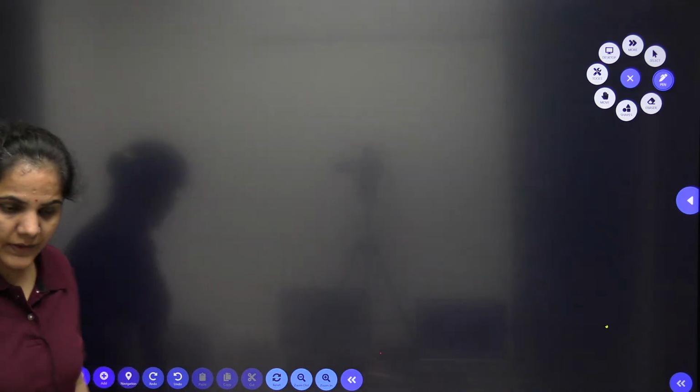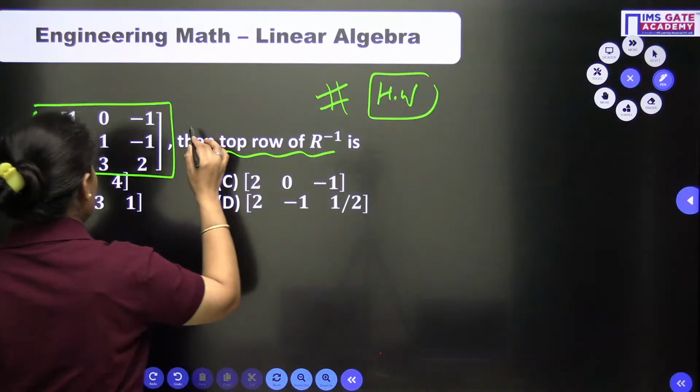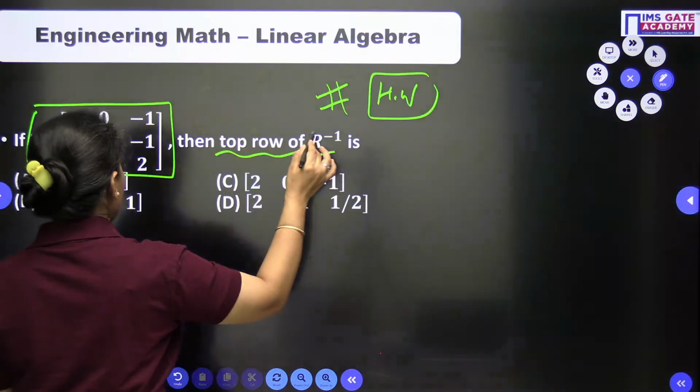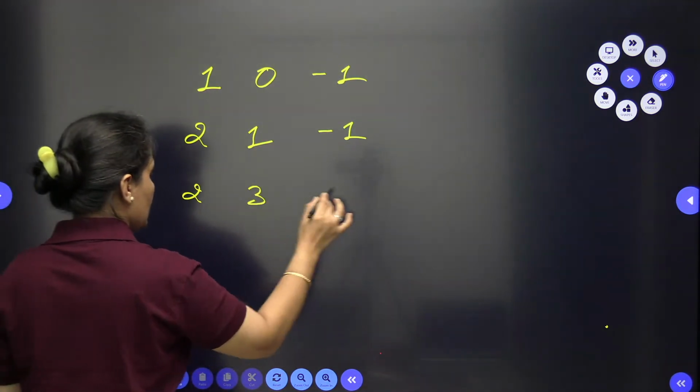So how to find the inverse? Let's approach it. I will write down first the matrix as it is: 1 0 minus 1, 2 1 minus 1, next is 2 3 and 2.